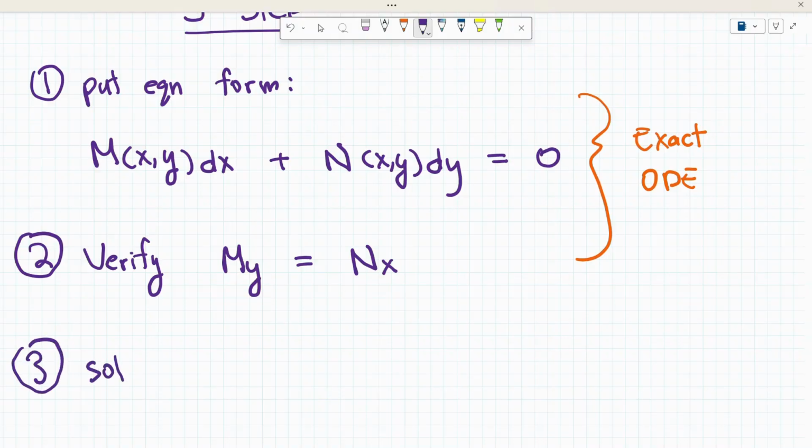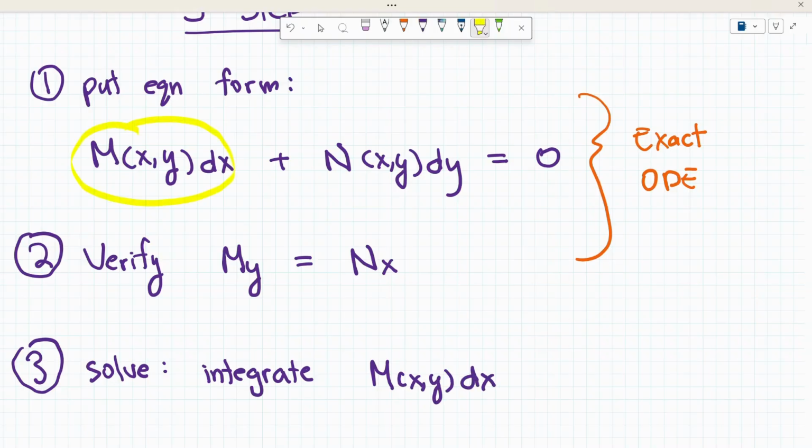So in order to solve it, what we want to do is integrate. This is where derivatives and integrals work together. So we want to integrate our M of x, y dx, which you can see is our first part of our exact equation.